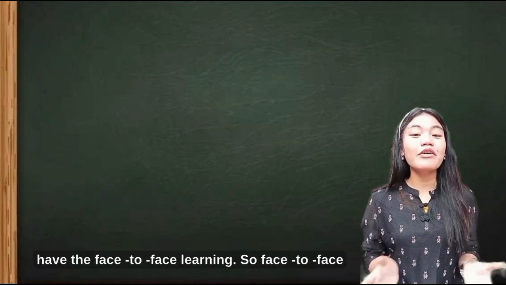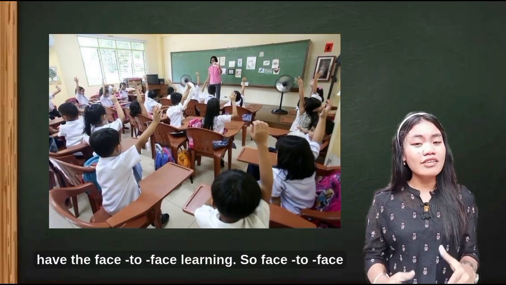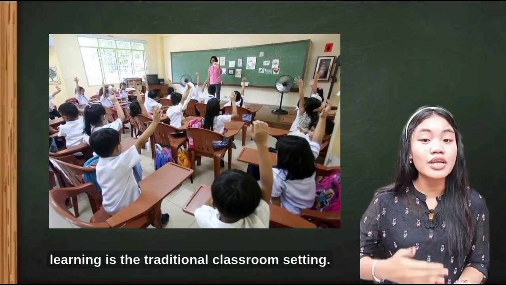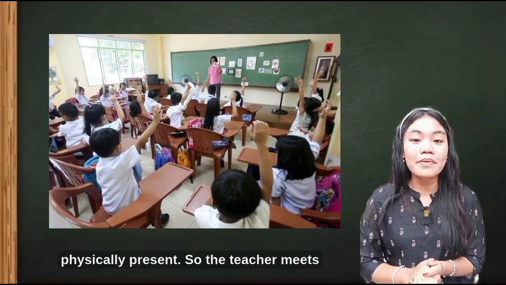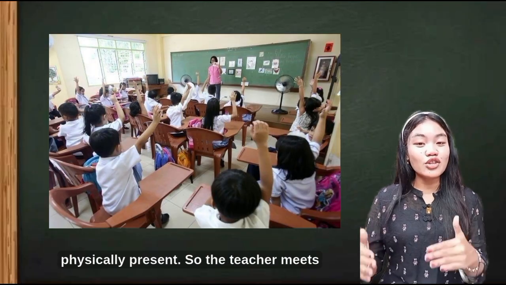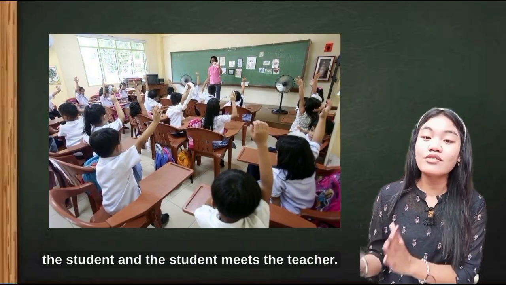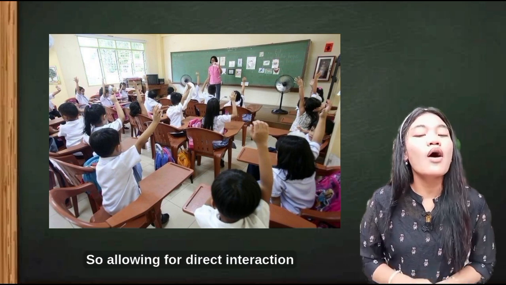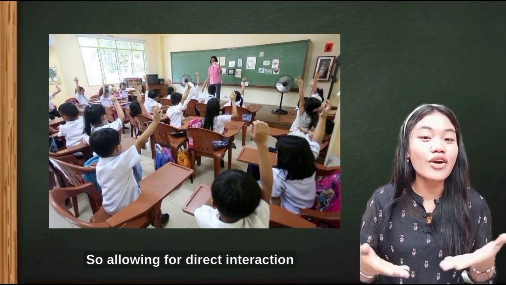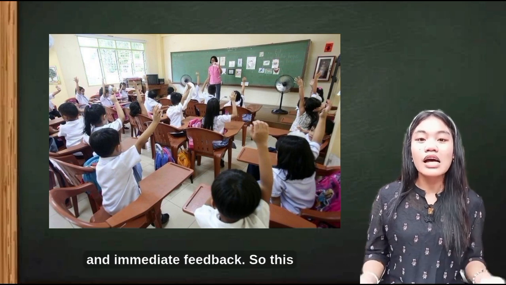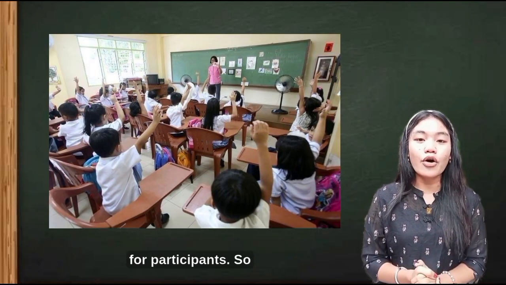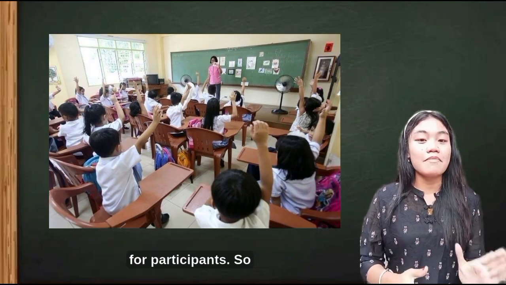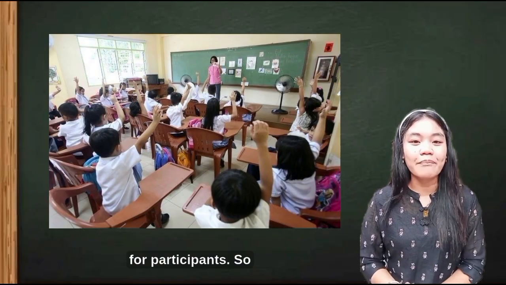So first we have face-to-face learning. Face-to-face learning is the traditional classroom setting. The teacher and students are physically present. The teacher meets the student and the student meets the teacher, allowing for direct interaction and immediate feedback. These face-to-face learning setups involve active participation and engagement.